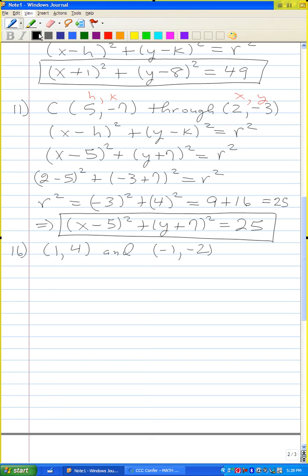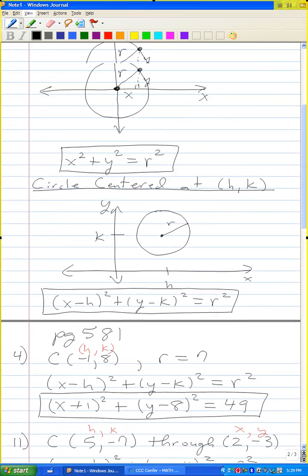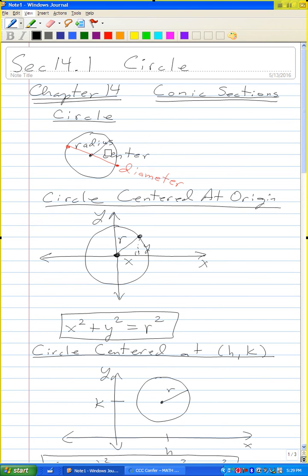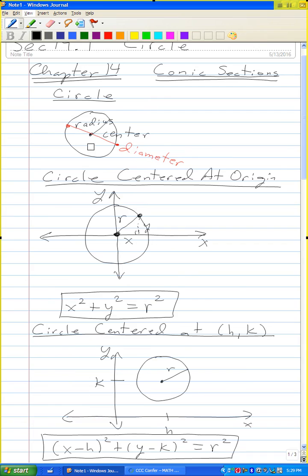And so, recall that the midpoint of a line between 2 points is just the average of the x coordinates, the average of the y coordinates. And so, note that the midpoint between 2 points on the diameter will just be the center.